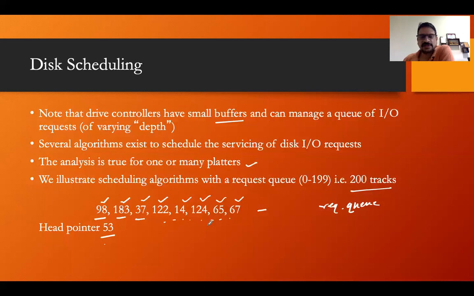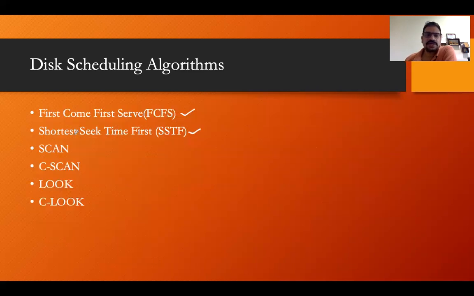So first I'll serve that particular request whose distance from 53 is the shortest. So I'll calculate that, and then from there I can go to the next one, and from there I can go to the next one. In that way I'll go. So this is called shortest seek time first. Whoever's seek time is shortest, I will serve that particular request.